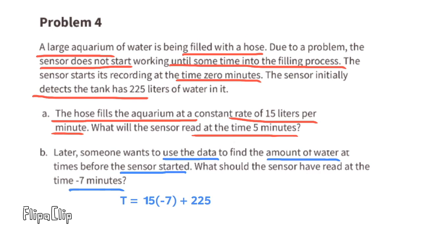Since 15 times negative 7 equals negative 105, T equals 225 minus 105. So T equals 120. At the negative 7 minute mark, there should have been 120 liters in the tank.